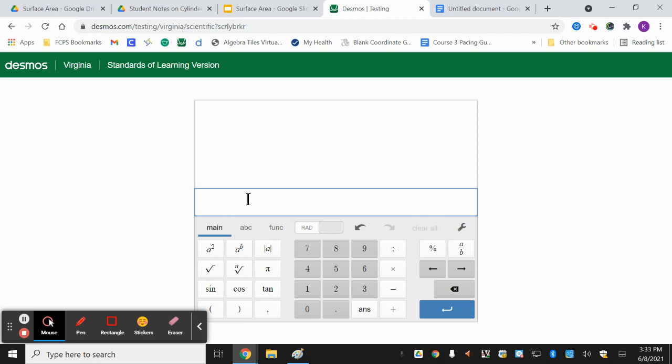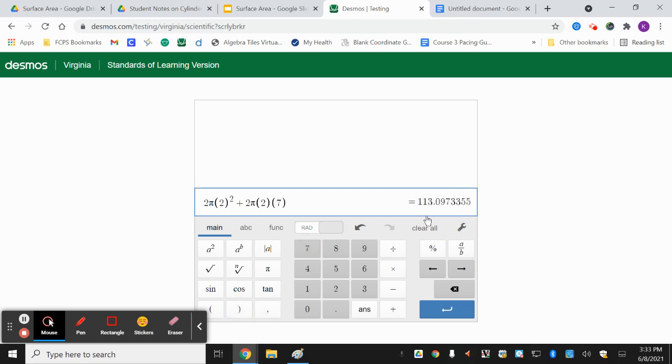So here we go. So we've got 2 times pi, I'm going to use the pi button, times the radius, which is 2 squared, plus 2 times pi times the radius again, which is 2, times the height, which is 7.